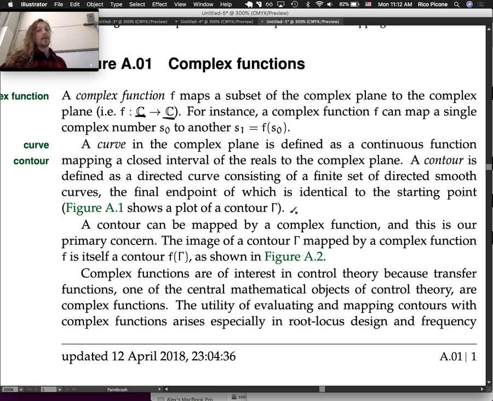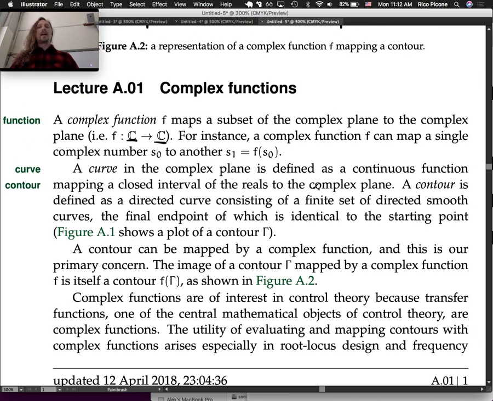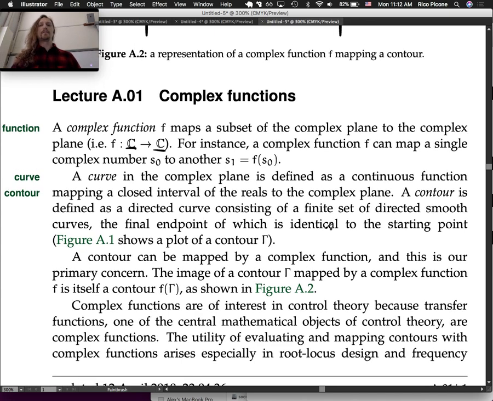So a curve, this is a definition, in the complex plane is defined as a continuous function mapping a closed interval of the reals to the complex plane. So let's parse that again. A curve is defined as a continuous function mapping a closed interval of the reals to the complex plane.